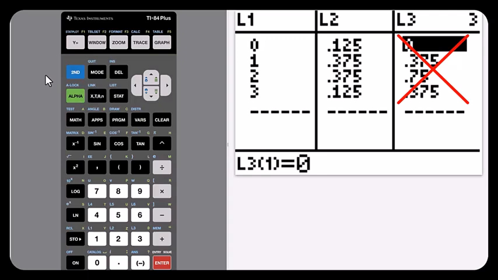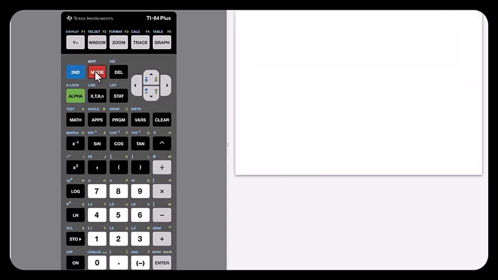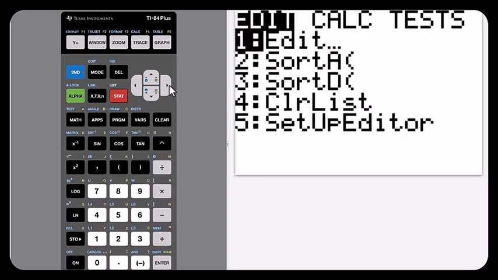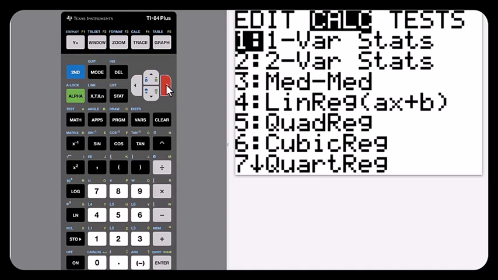Once we've got those values in L1 and L2, like we do here, let's get out of this section by hitting second mode. And then we're going to come back in by hitting stat, but this time we're going to go to the calc area. First choice there is 1-Var Stats.